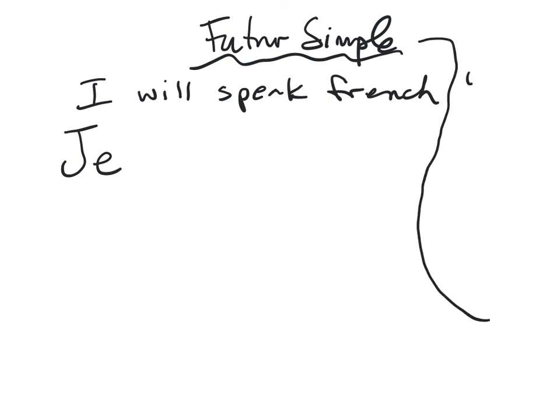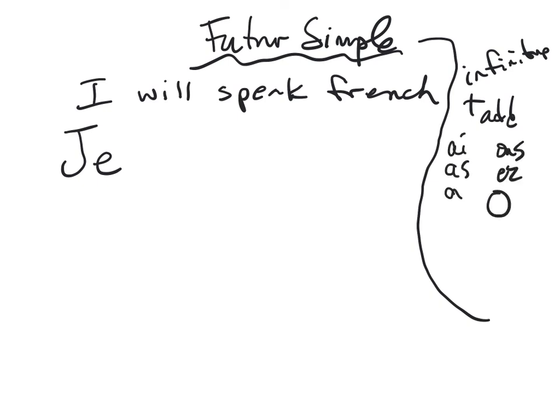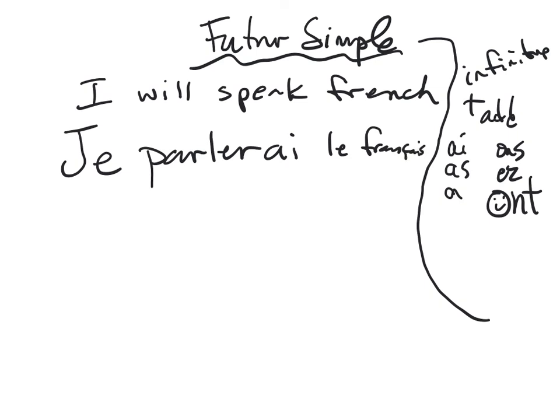You're going to take your infinitive and you're going to add your endings, ai, as, a, ons, ez, and then don't forget it's ont. So here is my infinitive, and I'm going to simply add my ending, le français. And they say that this is the easiest tense in the French language. As you can see, super easy, no decisions.